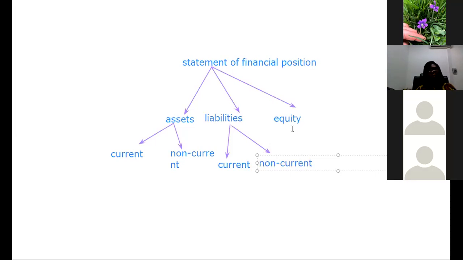Okay, then we can further break down equity into share capital and reserves, and then go further down. So that is how the structure is, and we can continue till we get to transactions. So we said that accounting was a process.